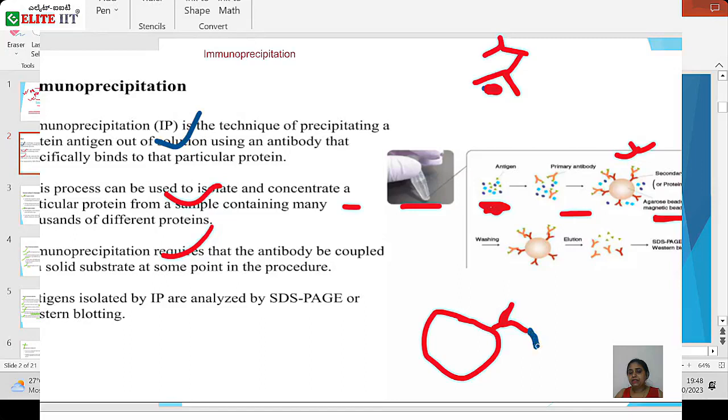The primary antibody is attached. Now it is only attached with the green color antigen, so the antigen will be at this position. Clear? In this way, with one magnetic bead, a lot of secondary antibody will be there, on the surface of the bead.